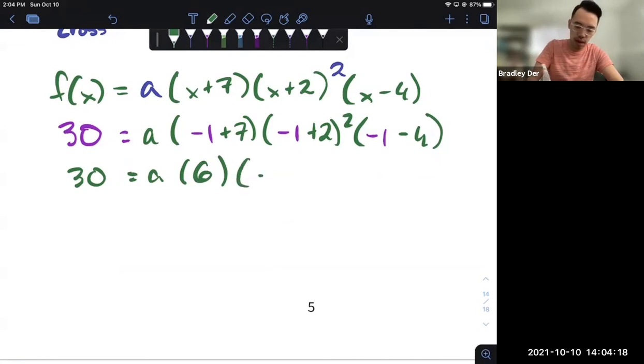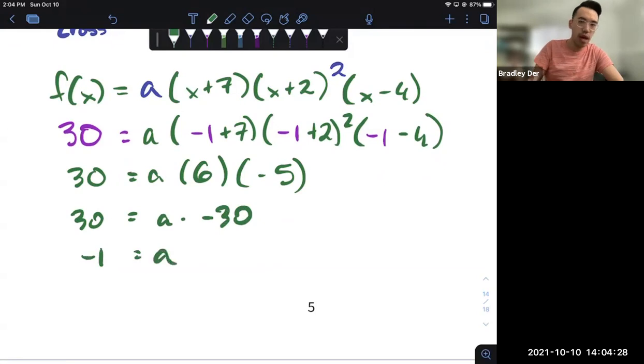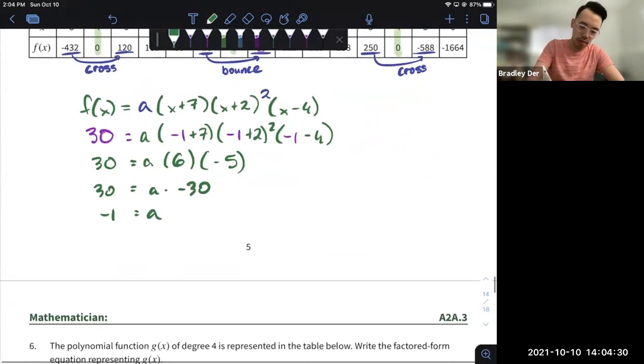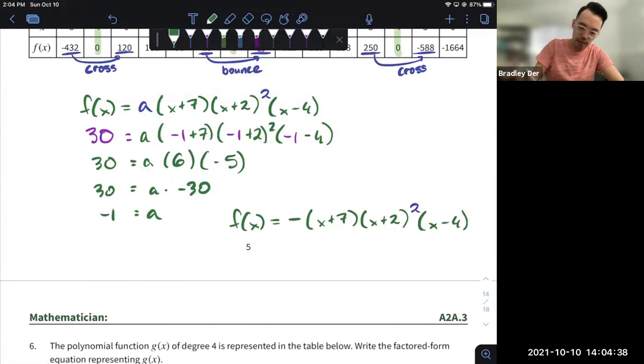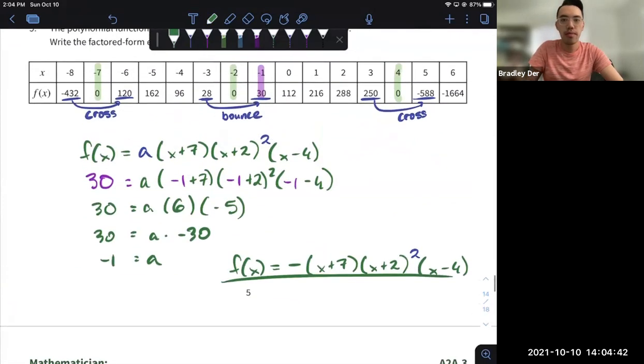I don't really want to write that out. Multiplying by 1 doesn't really do anything for my equation. So 30 is equal to a times -30, or -1 is equal to a. So I have our equation, an a value, we just need a negative. And we're good.